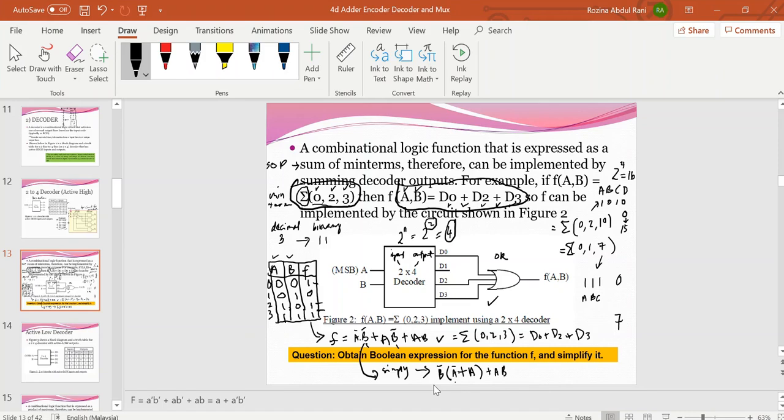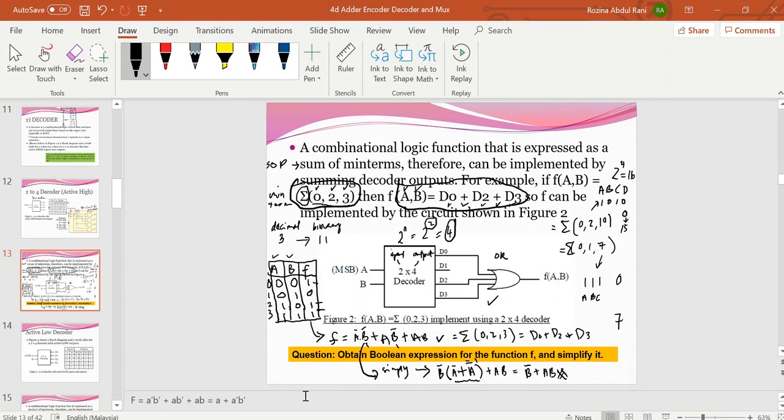If you refer to Boolean algebra, this is equal to 1, so you can simplify it into b bar plus a b. So this is how we simplify the Boolean expression or Boolean function.